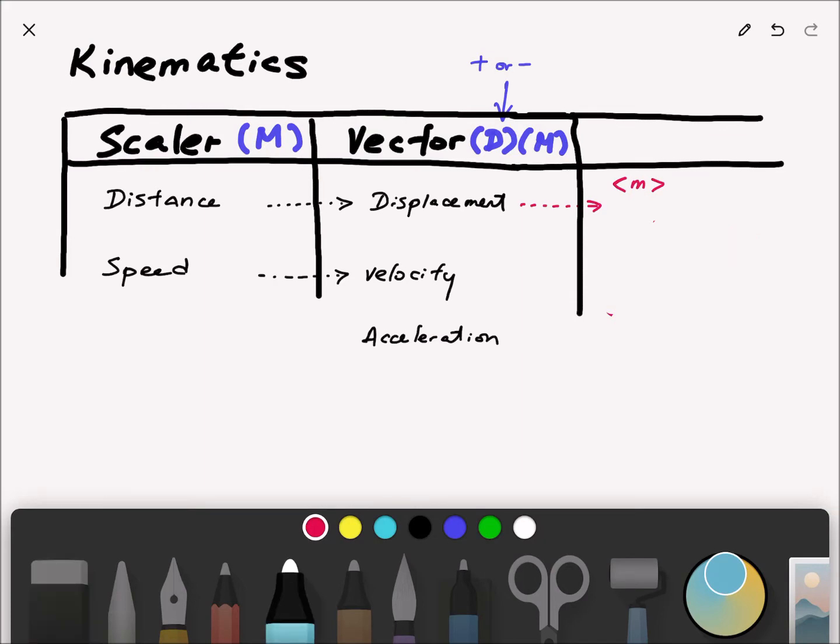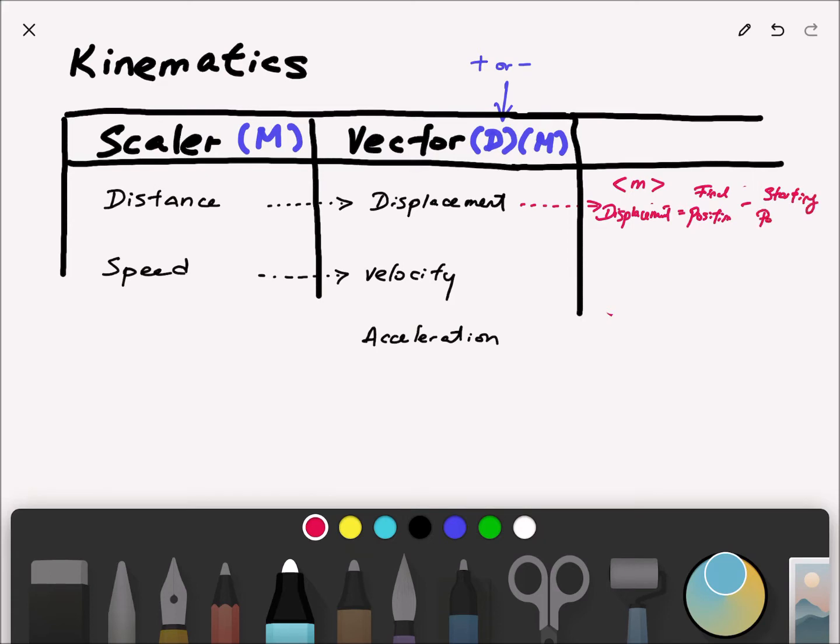Your displacement is equal to your final position minus your starting or initial position.